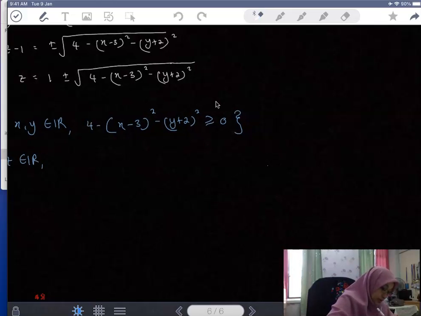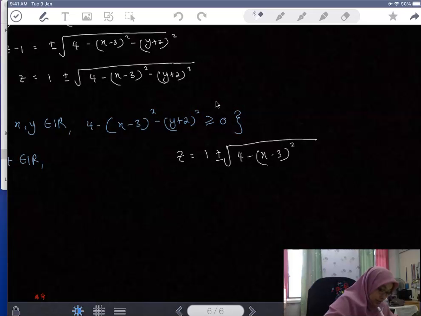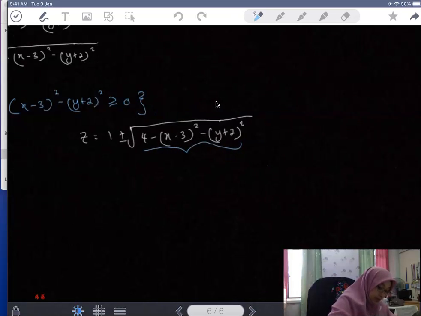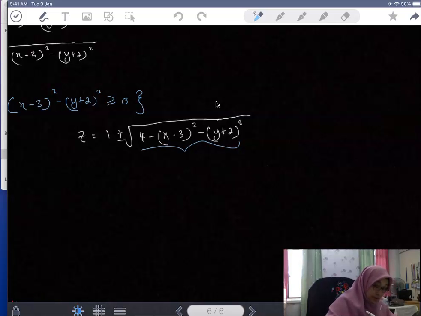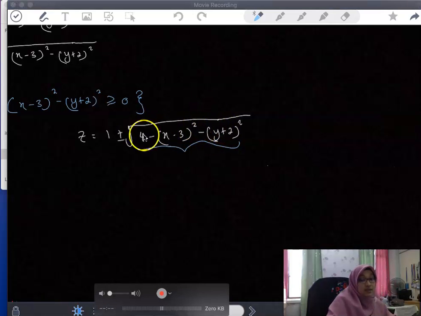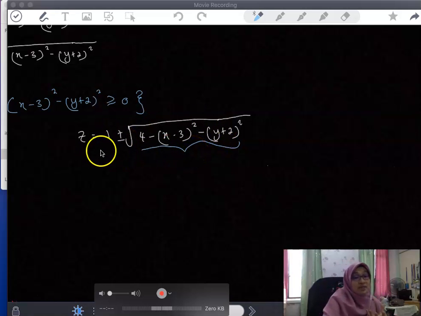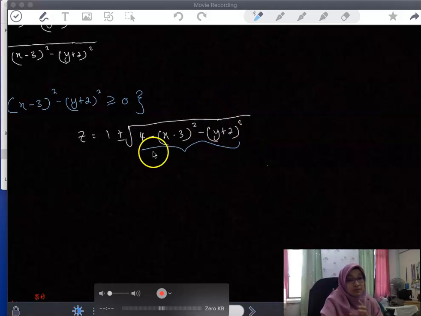So now we look at z. We have plus minus square root of 4 minus (x minus 3) squared minus (y plus 2) squared. So this one can be simplified. I just focus on the one that is fixed, but the value of z depends on this particular value for any x and y that you have chosen.